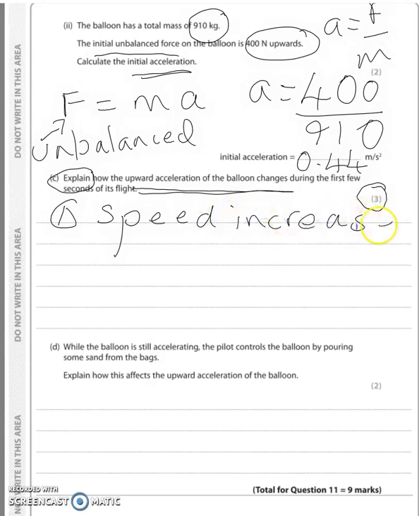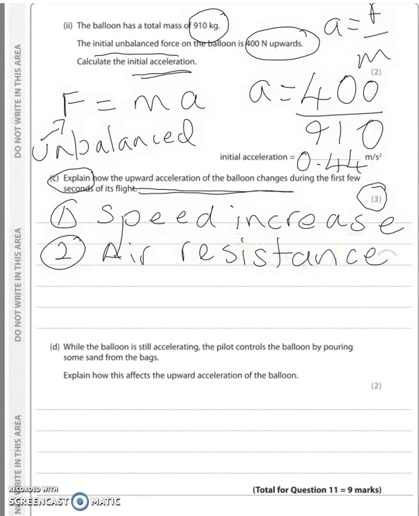That will get you a mark because it's accelerating upwards. But then as the speed increases, you will start having air resistance or drag forces acting, and they will act in the opposite direction. So that will actually act down because the movement is up.